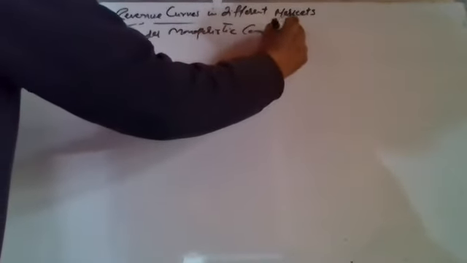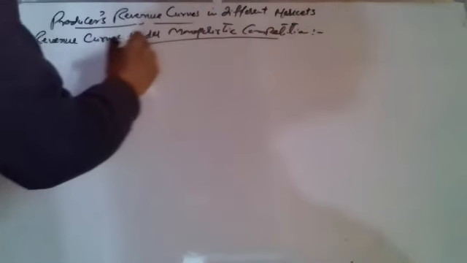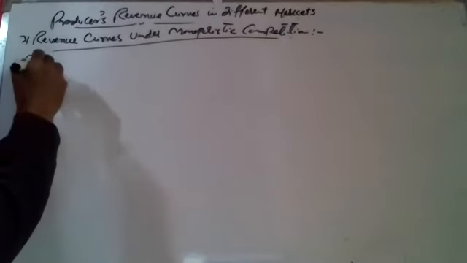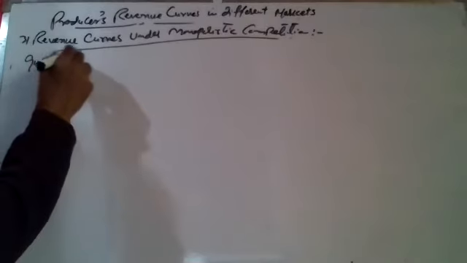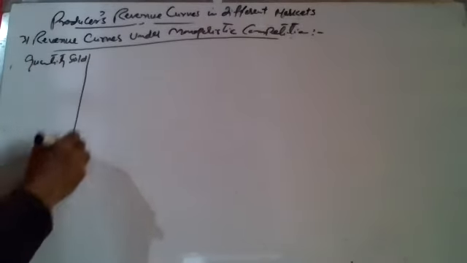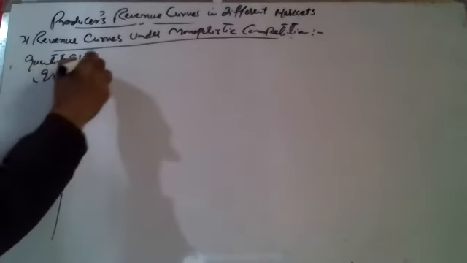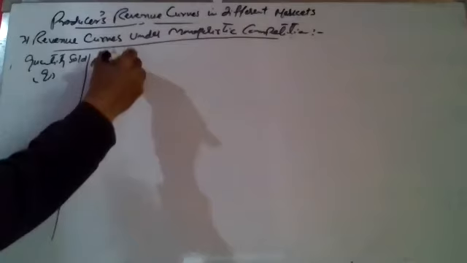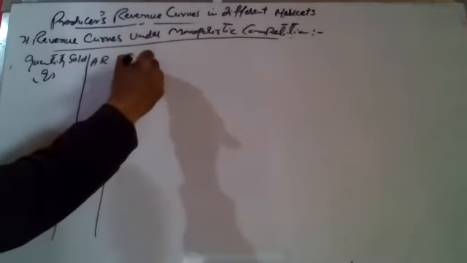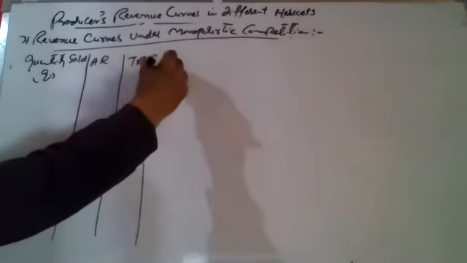This is the third form of market. What is the situation here? For example, we have quantity sold, average revenue, total revenue, and marginal revenue.